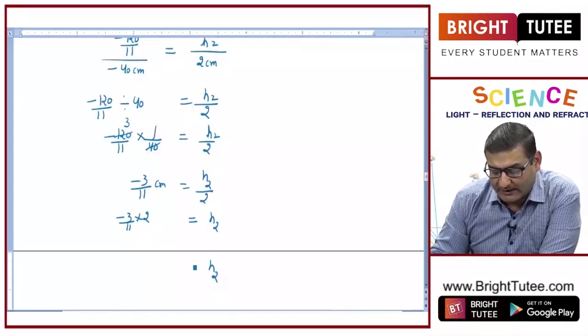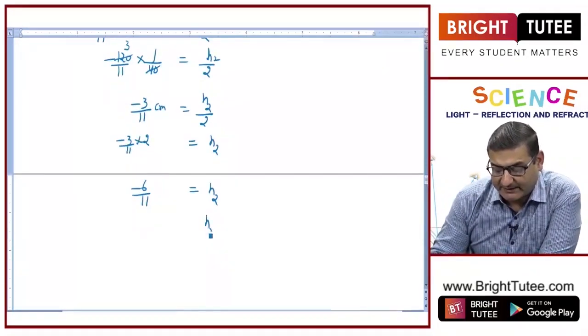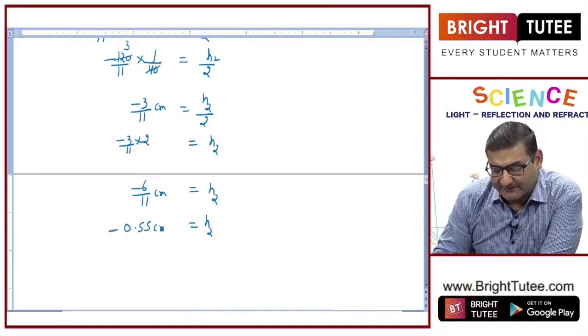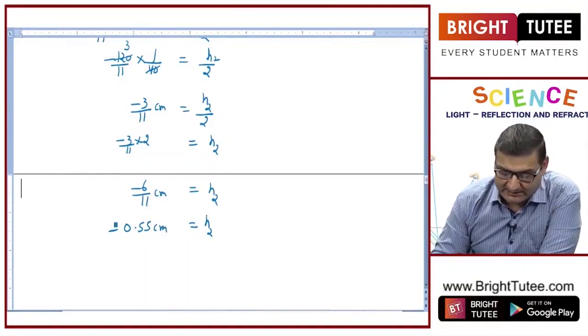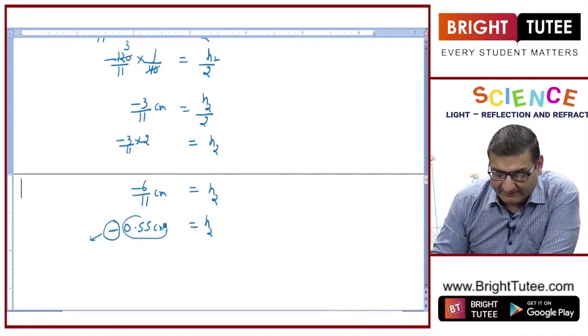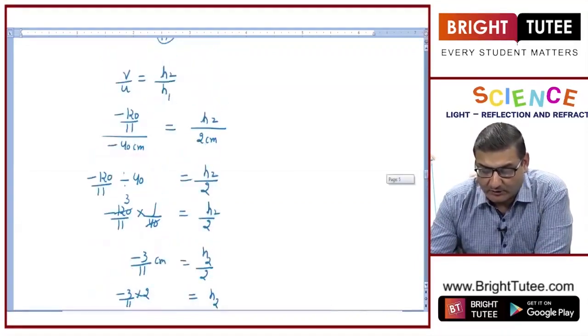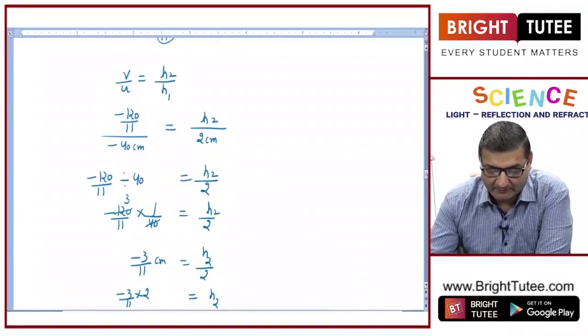So now my h2 becomes minus 6 by 11, and minus 6 by 11, if I calculate, it will come out to be approximately minus 0.55 centimeters. So this is number 1. This particular image formed will be in front, and it is the diminished image of the object getting formed.